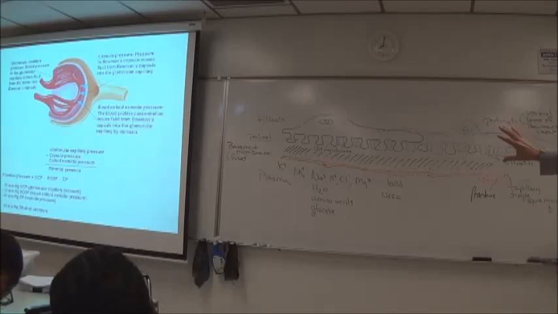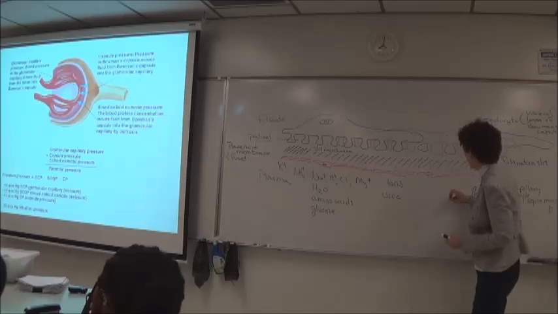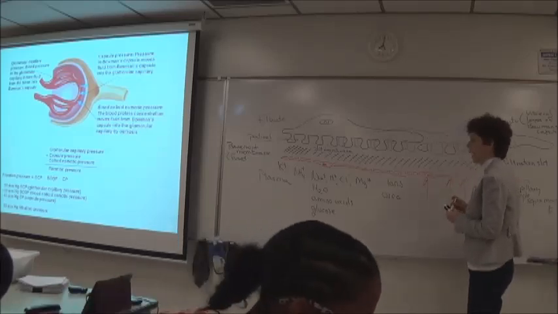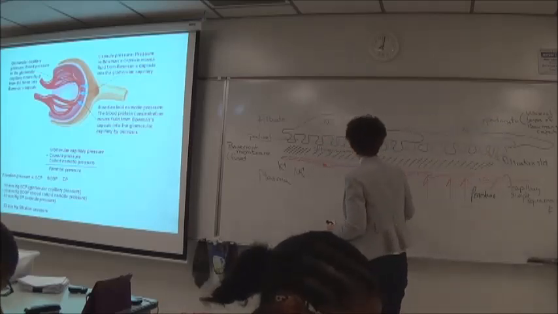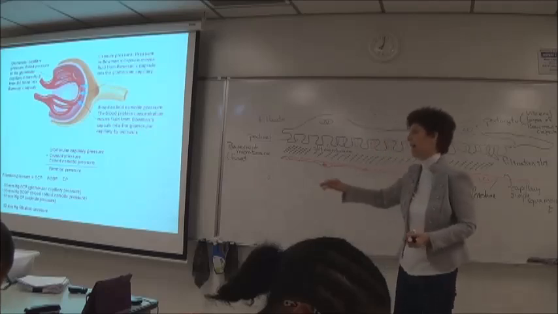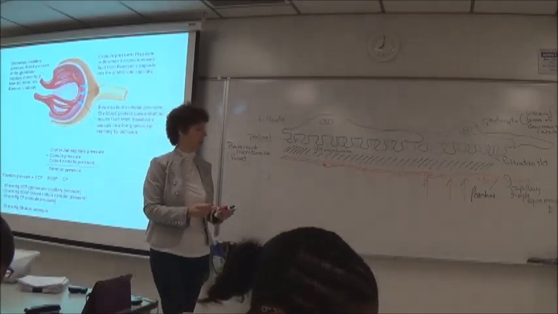But our first primary force is blood pressure, right? So pushing the fluid and the particles against the capillary membrane is blood pressure. And that's what's shown here as the glomerular capillary pressure.